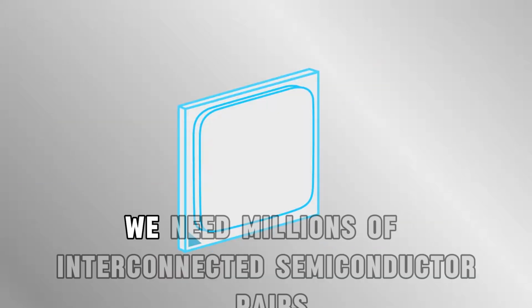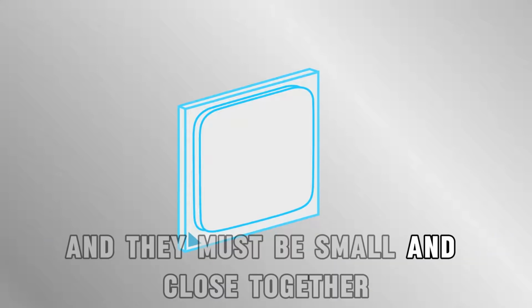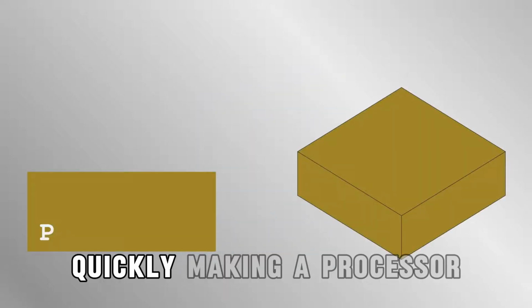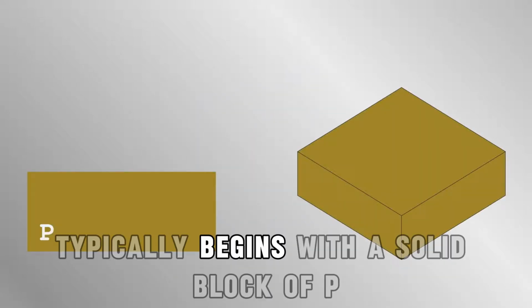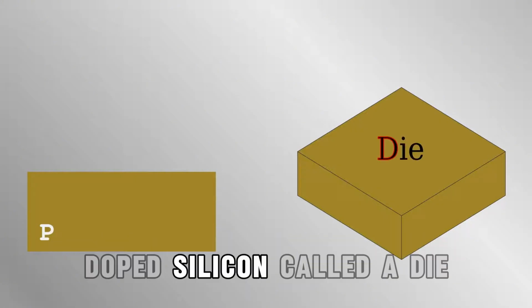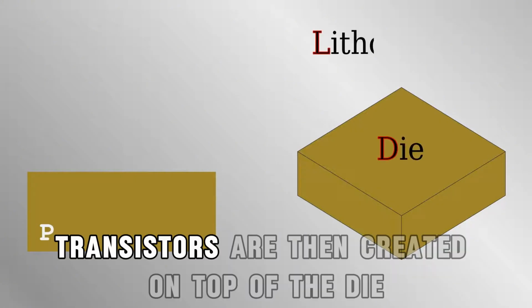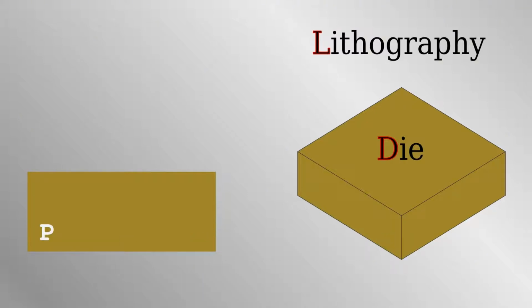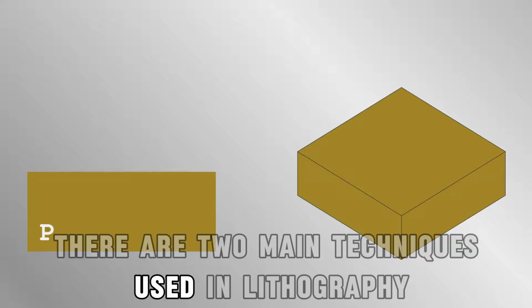For a computer, we need millions of interconnected CMOS pairs, and they must be small and close together so that electrical signals can travel between them quickly. Making a processor typically begins with a solid block of p-doped silicon called a die. Transistors are then created on top of the die by a process called lithography, writing on stone. There are 2 main techniques used in lithography.